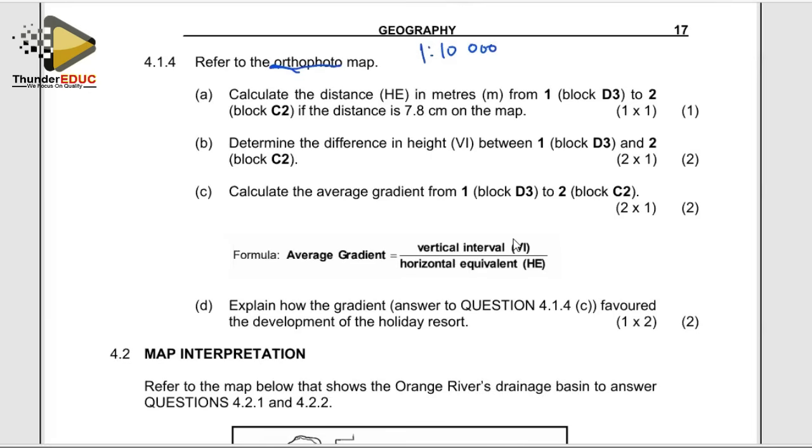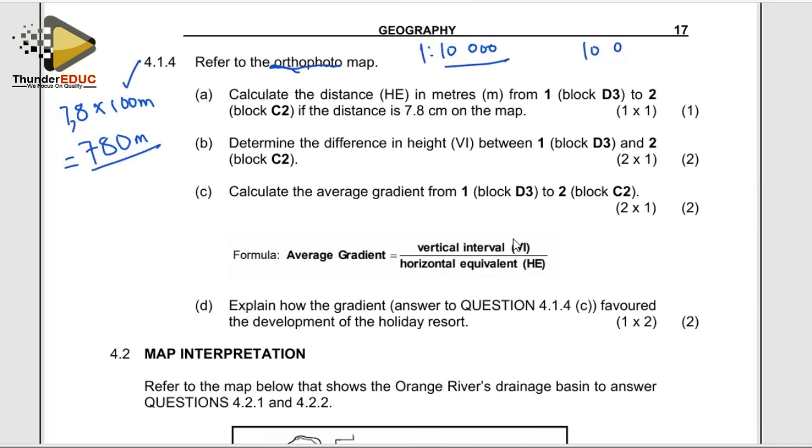So we do a quick conversion. For you to get the distance in meters, you just say your measured distance, which is 7.8 centimeters, you multiply it by 100 meters. This gives you 780 meters. Where are we getting our 100 meters? This is a short conversion for a scale of 1 is to 10,000.